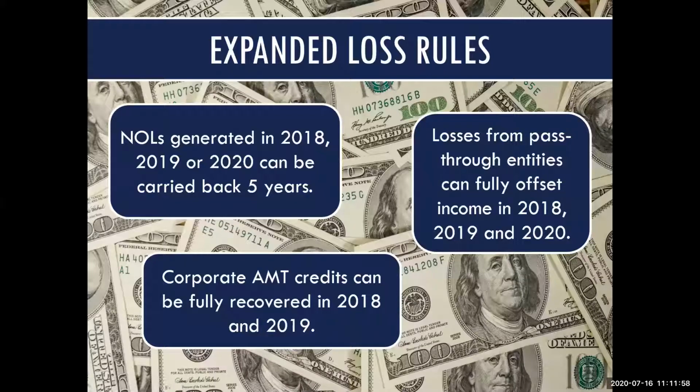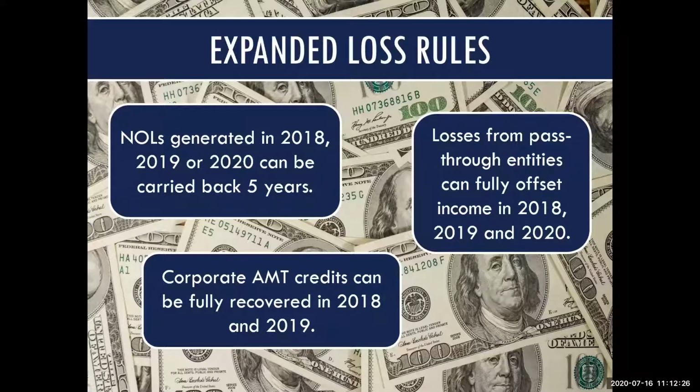And the next topic we're going to go into here also is from the CARES Act. We're just going to touch a little bit on the net operating loss rules. Keep in mind that in the past, carryback in recent years has not been permitted, but now with the law change in March, NOLs that were generated in 2018, 2019, or 2020 can now be carried back 5 years.